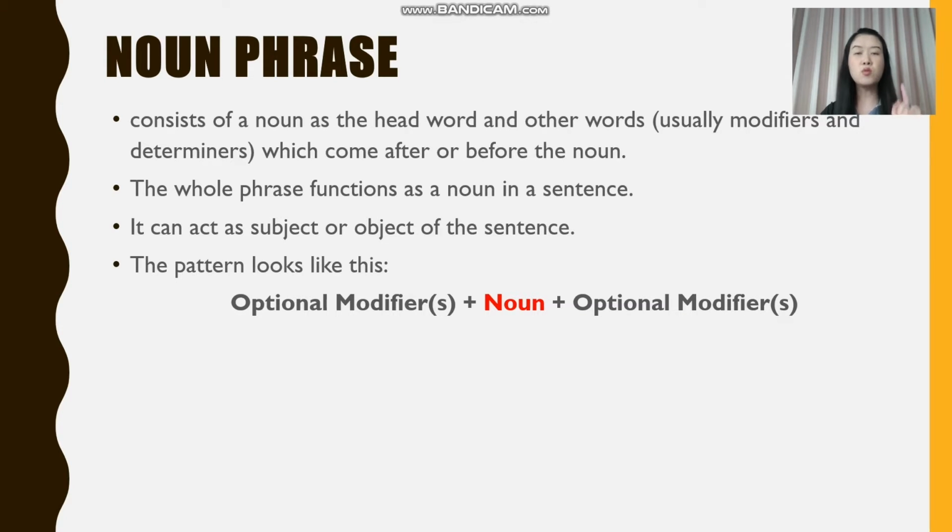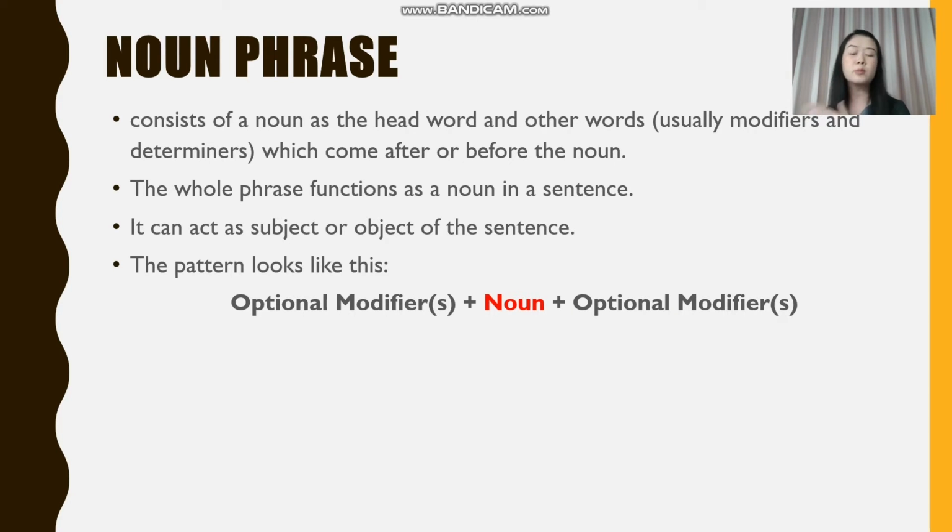You can see in red, the word in red is the head word, and here we are talking about the noun phrase, so the head word is the noun. On the left, it's possible that we can use some kind of modifiers. What are modifiers for the noun? Can you remember which type of part of speech is used to describe the noun? Think about this. That is adjectives. That's right.